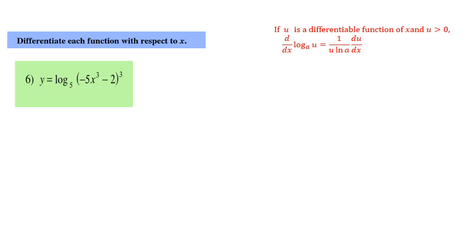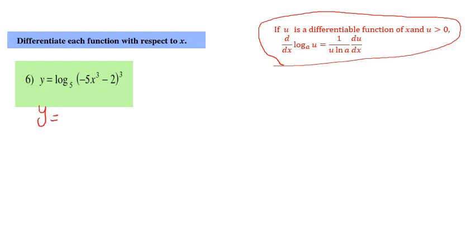Differentiate with respect to x the given function y is equal to log base 5 of (negative 5x to the power 3 minus 2) all to the power of 3, and here to the right I have the rule for the derivative of the log. But before I find the derivative, I'm going to write y by using the properties of the logarithm as 3 log base 5 of negative 5x to the power 3 minus 2.